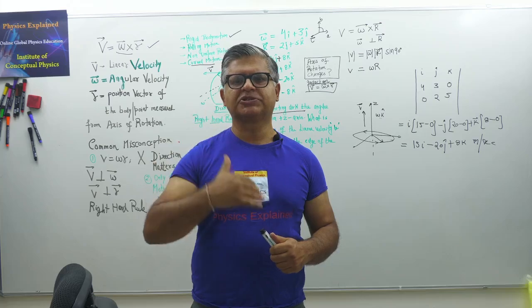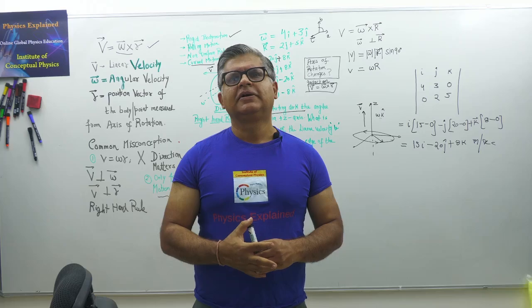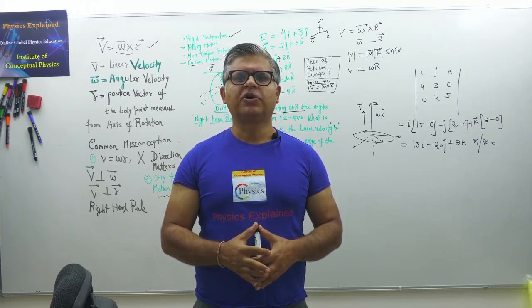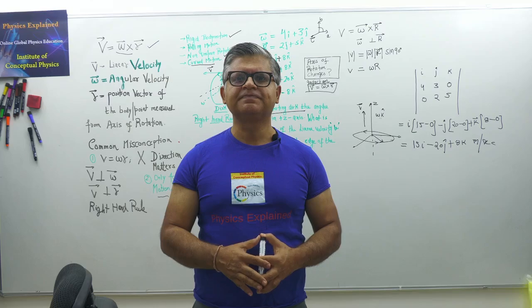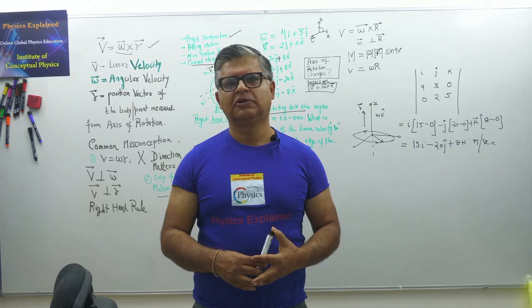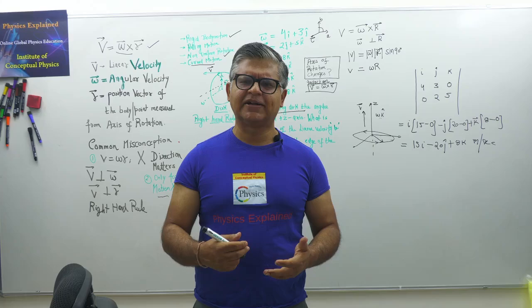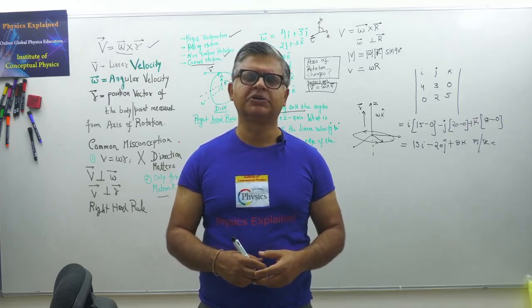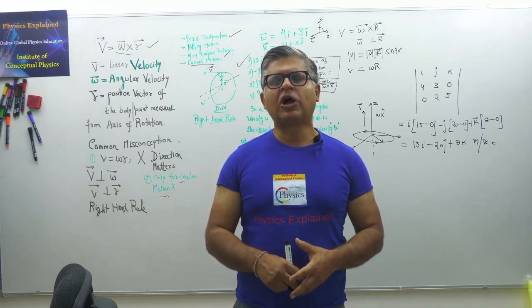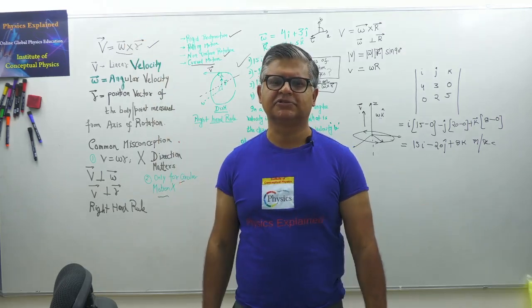You change the position R, which means you change the R vector itself. You will get a new velocity. So if you change the axis of rotation, there is no impact on the velocity calculation. You still need to apply V is equal to omega cross R. You will get a different answer, which is magnitude. But you will not use another equation because the axis has changed.